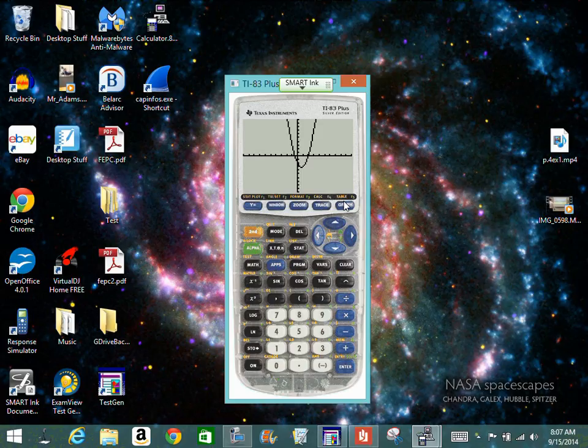This graph shows me that if I plug in negative 0.5, my corresponding y value should be 0. If I plug in 2, my corresponding y value should be 0. And we verified that here on the home screen. Okay, any questions so far?